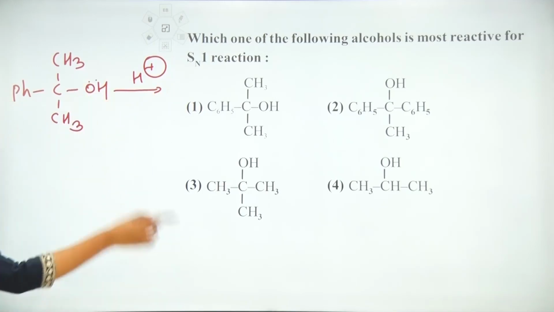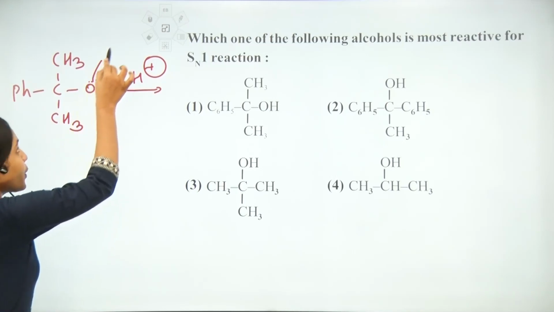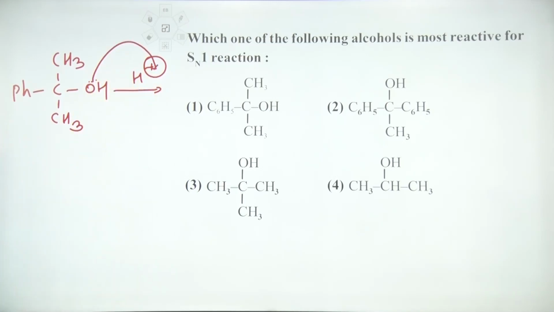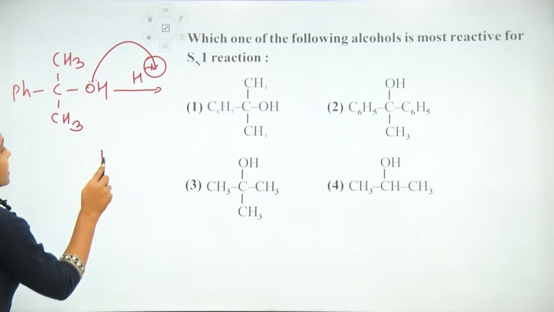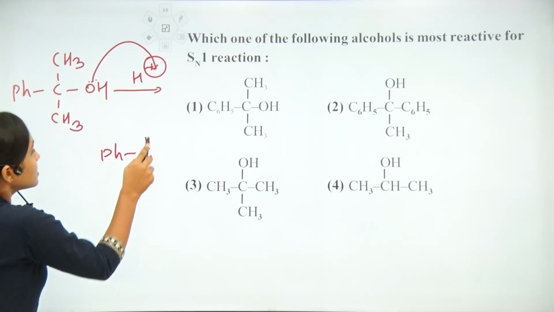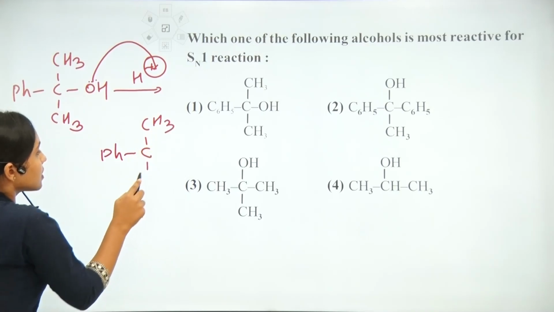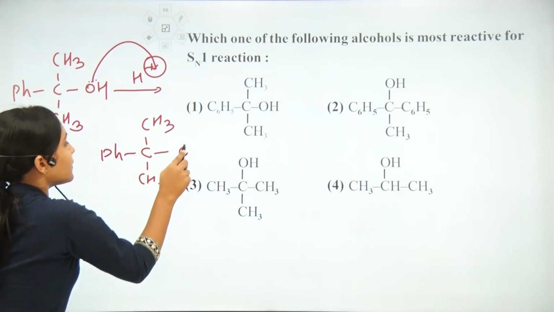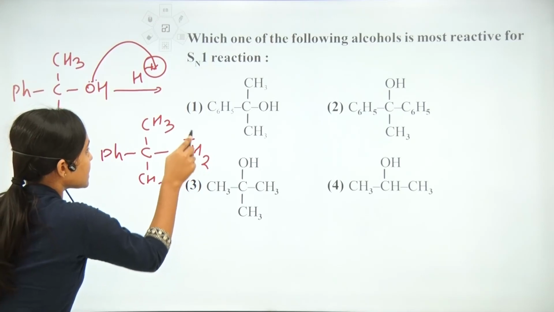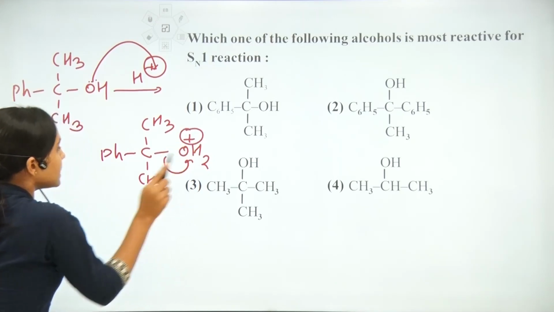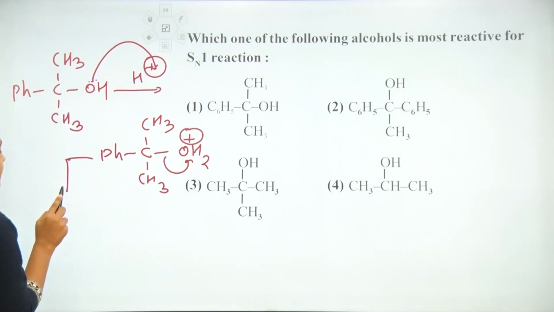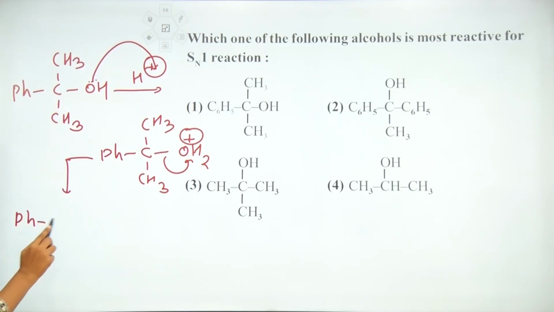So the lone pair of the oxygen atom will get protonated by taking H+. Okay, so we will obtain an oxonium ion, and this OH is converted into a good leaving group, right? So now this H2O will leave and we will obtain a carbocation as an intermediate of this reaction.